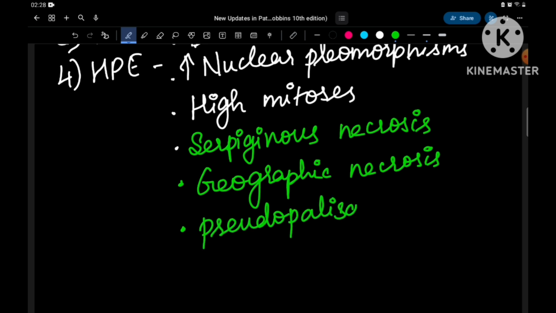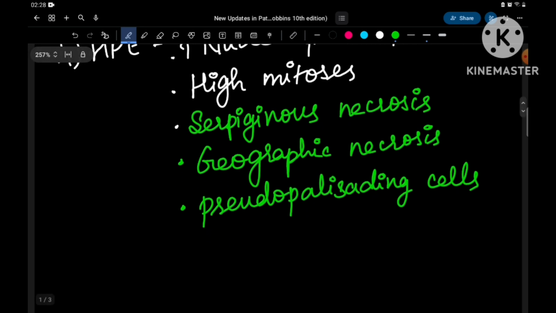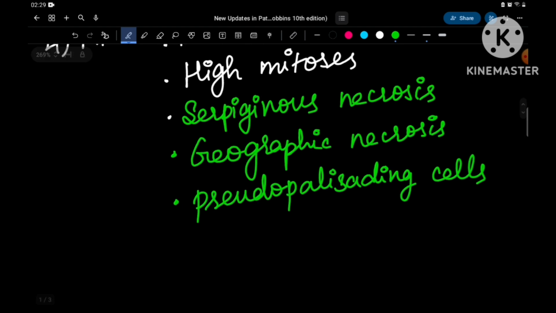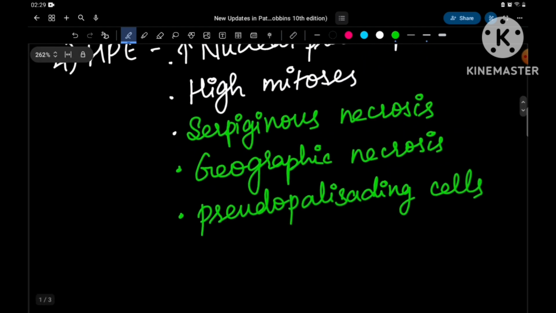Palisading basically means island-like, isolated. Pseudo-palisading means that though the cells look isolated or island-like, they are not. They are connected with the nearby cells. It is invasive. That's what it means.